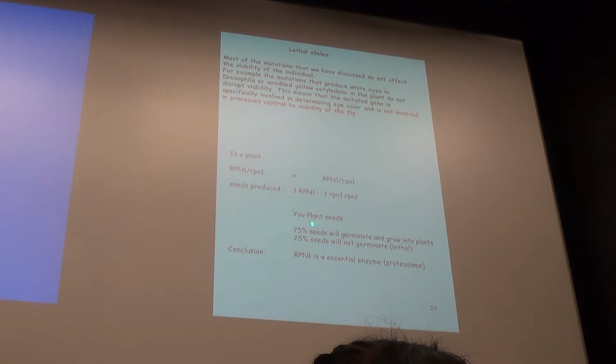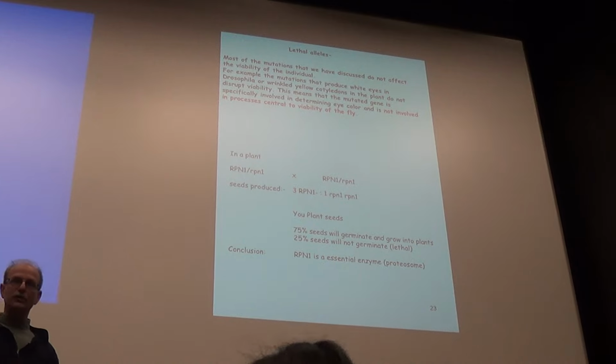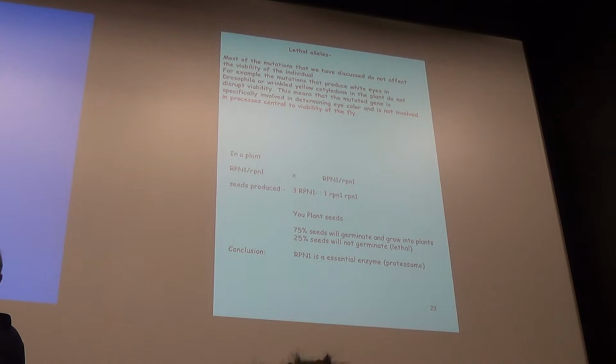What you will find is that 75% of the seeds will germinate and grow into plants. 25% of the seeds will not germinate and not grow into plants. And the 25% that are not able to grow, that are lethal, are this class here, RPN1 minus, RPN1 minus. So the homozygous RPN1 mutant is lethal, it's dead.